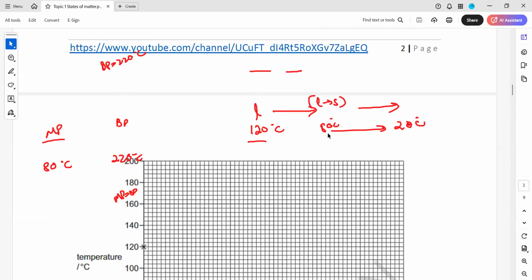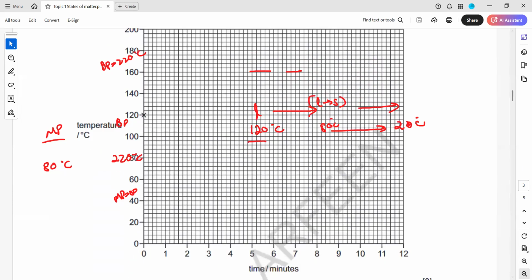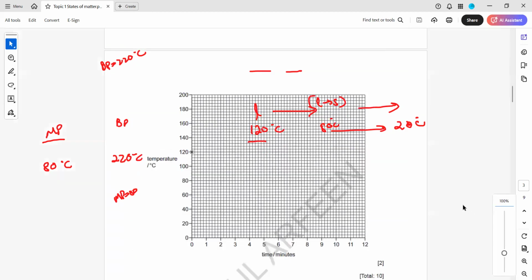When the temperature is 220, it will turn from gas to liquid. The boiling point of the substance is 220. We have to sketch a graph from 120. At 120, the substance is liquid. So we have to start in a liquid state. Initially, the substance is in a liquid state.